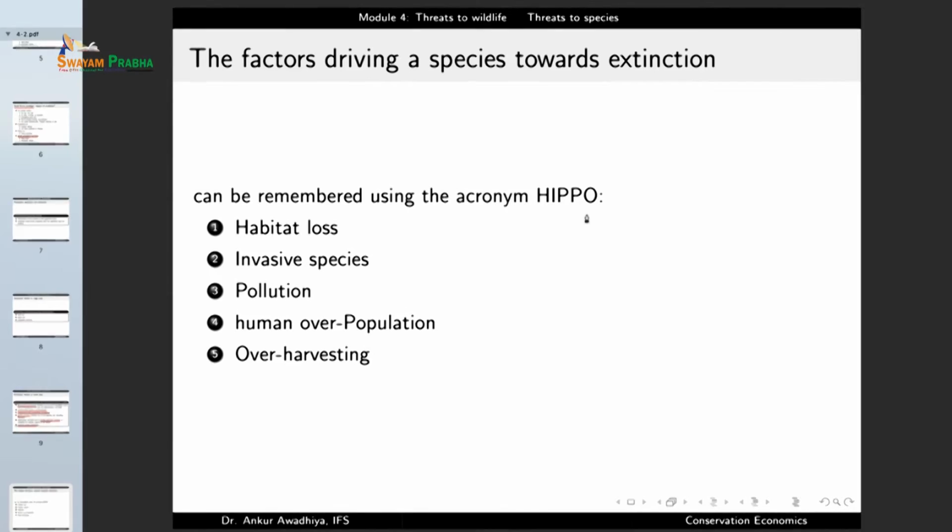Overharvesting is harvesting beyond the capacity of a system. In a number of cases, we have seen that in a forest, you might have a commercially important species, say a shrub or a herb that has medicinal properties.